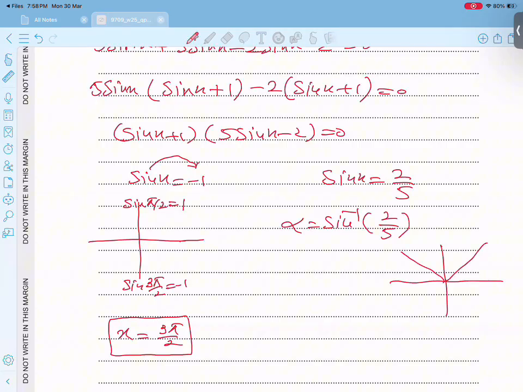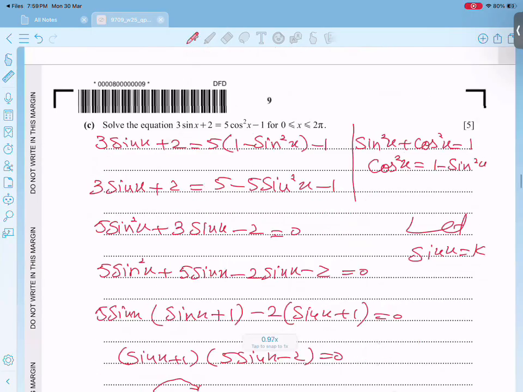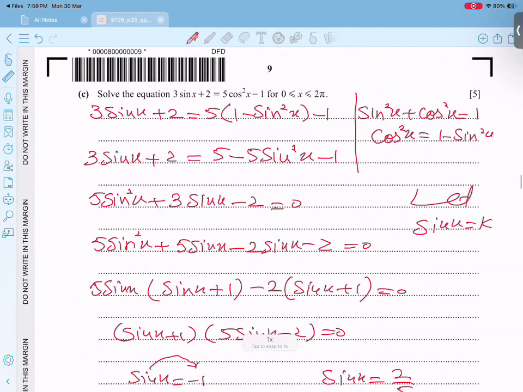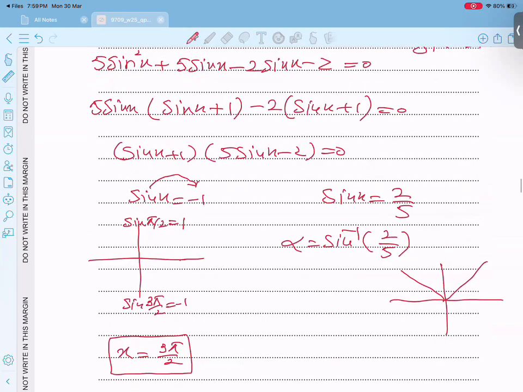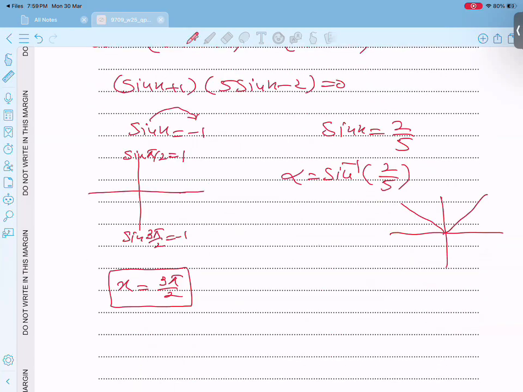And here we have to be very careful. Let me check once again on the question. Make sure the calculator must be in radian mode, not in degree mode. This is very important. So in radian mode, sine inverse of 2 over 5 will give us the principal angle 0.412, rounded.